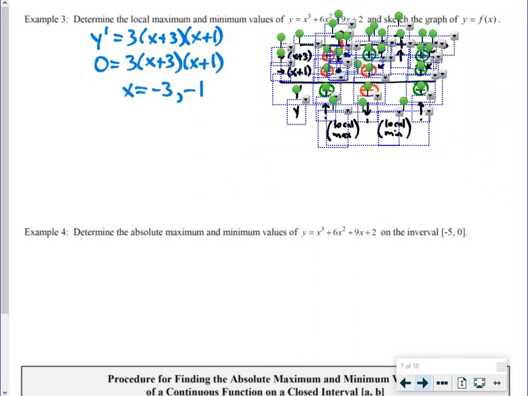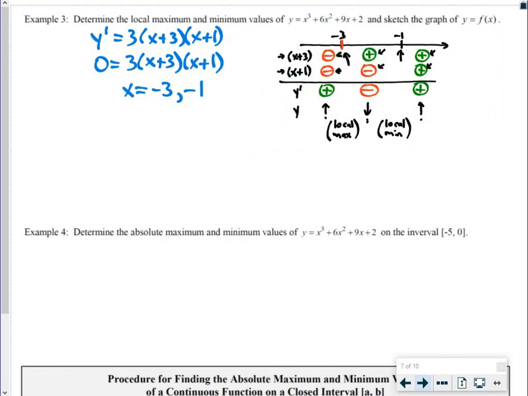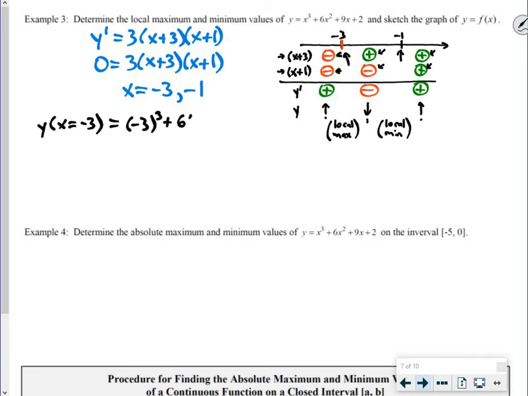So what's the value of the function when x is -3, and when x is -1? So y, when x equals -3, you can just plug in everywhere you see an x a -3, so -3 cubed plus 6 times -3 squared plus 9 times -3 plus 2. That turns out to be 2.